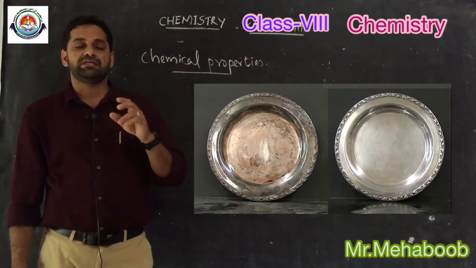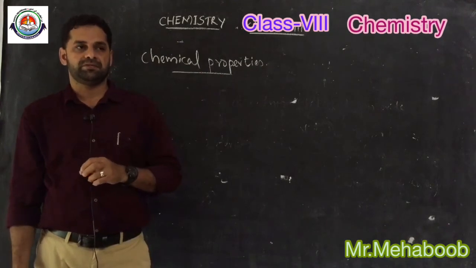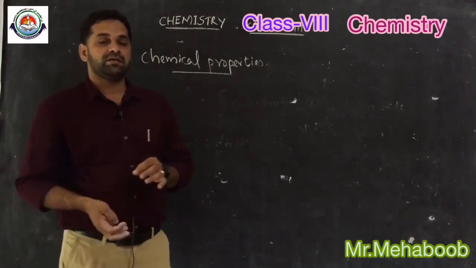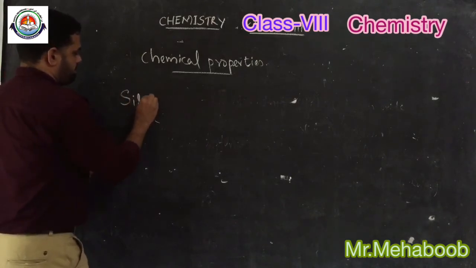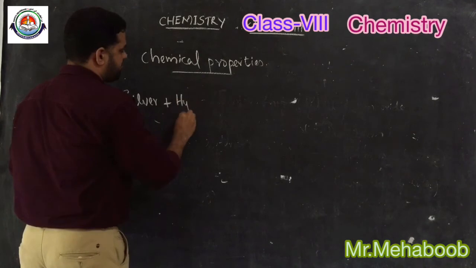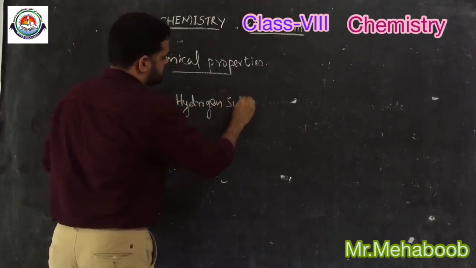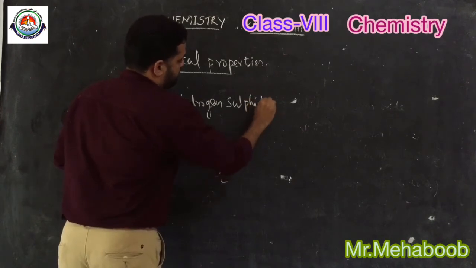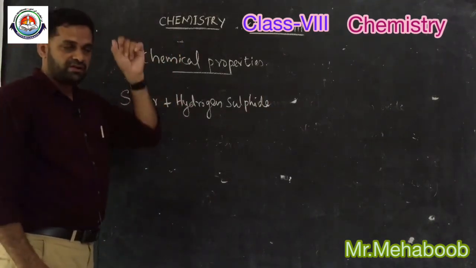So, why this black coating? What is the reason for the black coating on silver substances? The reason is that silver reacts with hydrogen sulfide in air.